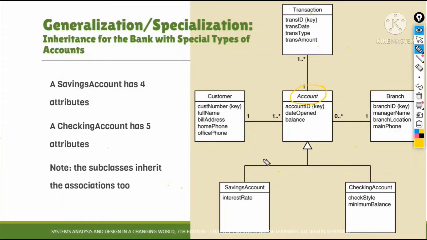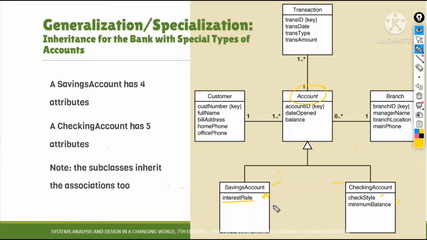Rather than including an attribute for account type, the subclasses represent different types of accounts. Each subclass has its own special attributes. Savings account has an attribute of interest rate, and checking account has check style and minimum balance.